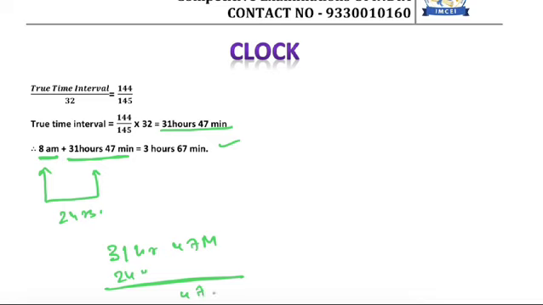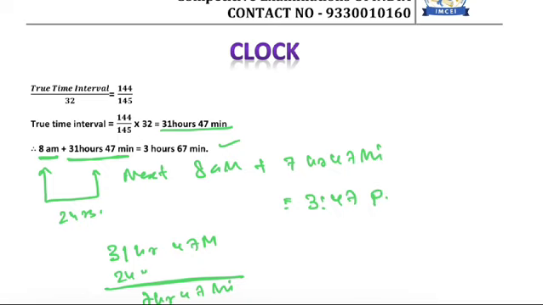So 47 minutes is left here. This is 7 hours. Now, so that is next day 8 a.m. With that, if we add 7 hours 47 minutes, we will get 3:47 p.m. that is next day. So this is my final answer.